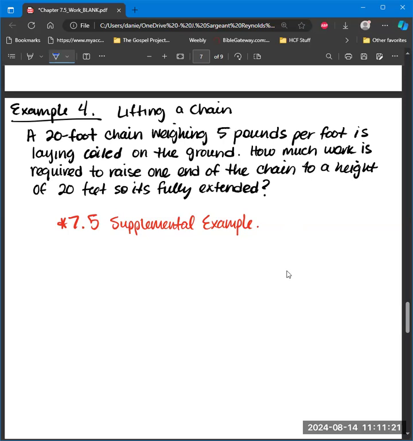So start off with the chain all coiled together here on the ground and has, like we said, zero potential energy down here. As we lift each foot of the chain, we're actually having to lift more and more of the chain. It's easy to pull the chain up at first. Then we have more weight to be lifting as we pull more of the chain up. That's why it's a variable force problem.